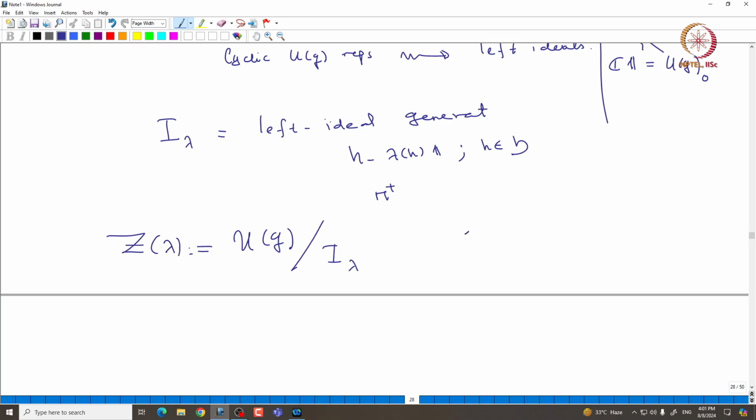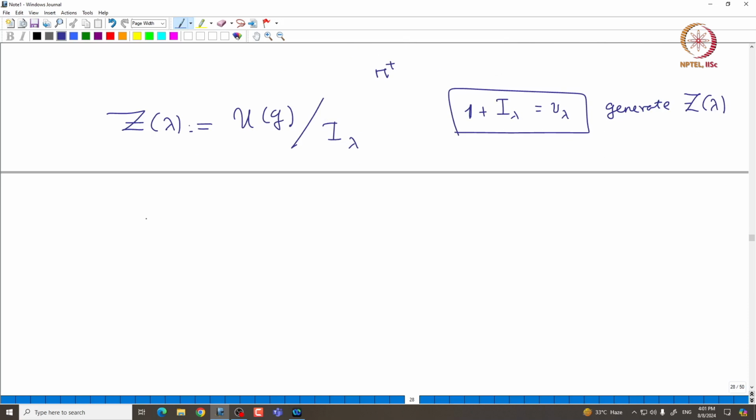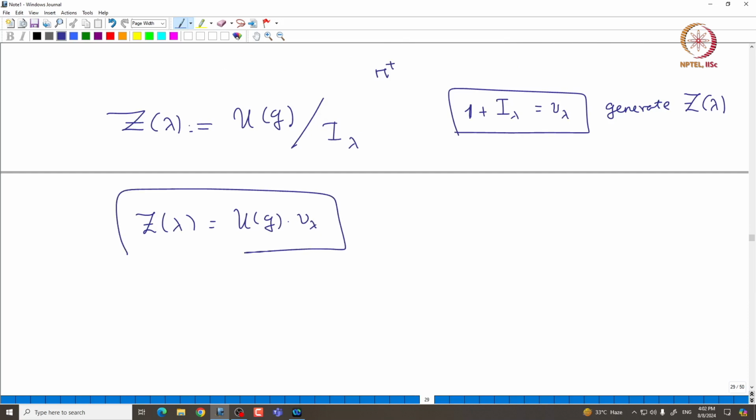Then you can easily see that 1 plus I lambda, which we call v lambda, is going to generate Z lambda. So Z lambda is given by UG v lambda. That is obvious. Now note that H minus lambda of H must be 0 inside Z of lambda.